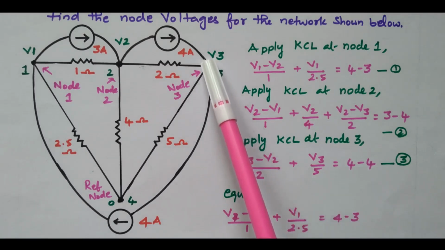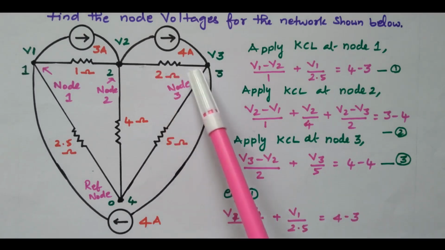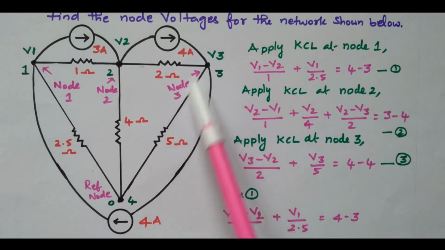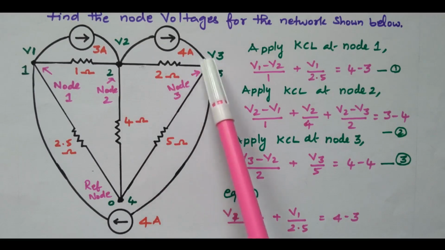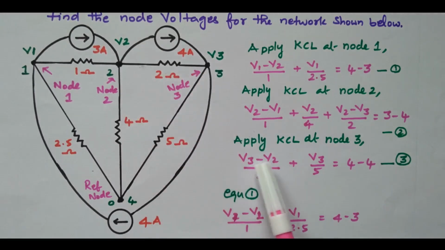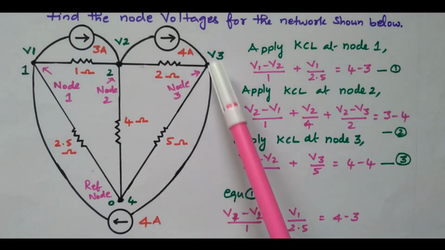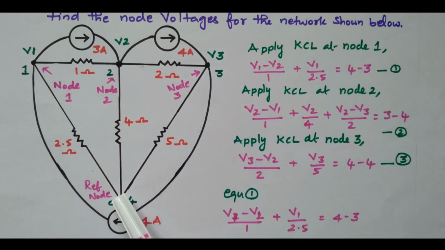Then what are the resistors connected here? This 2 ohm and 5 ohm. The 2 ohm is connected between the second node and the third node, so V3 minus V2 divided by 2. While referring to node 3, V3 will appear first. This 5 ohm is connected between the third node and the reference node, whose potential is 0, so V3 divided by 5.